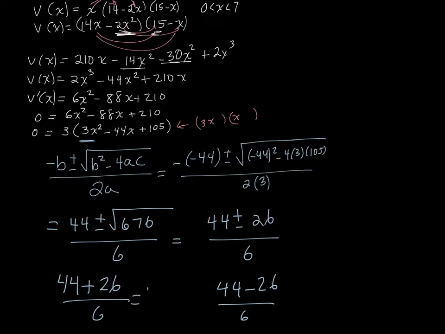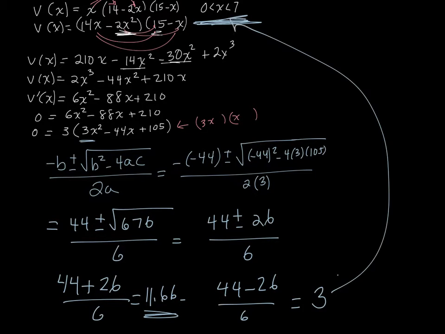If you do it, this piece you're going to see is like 11.666666. Well, one, that's outside of my domain, and now you can see why it doesn't factor. Or 3, which is inside the domain, so that's going to be my x value.